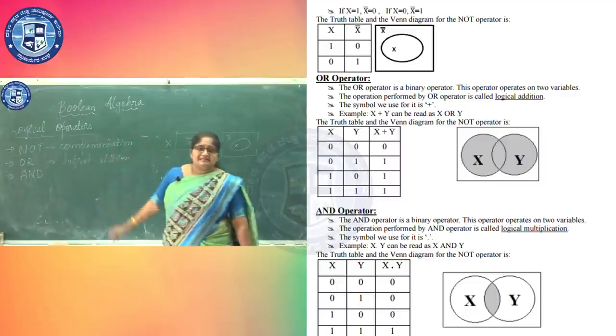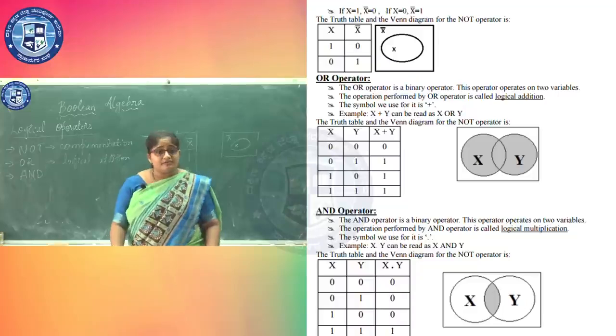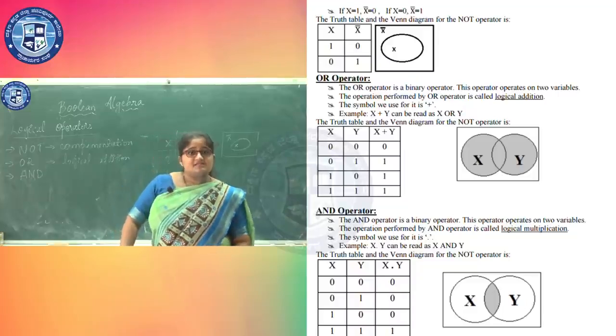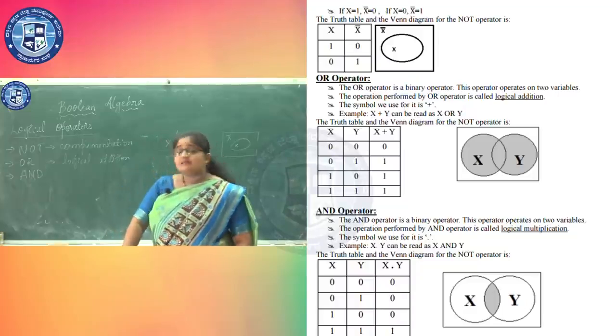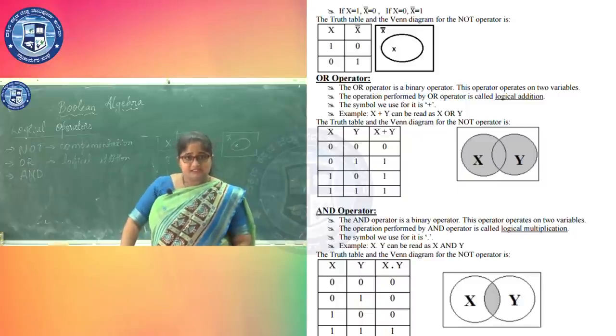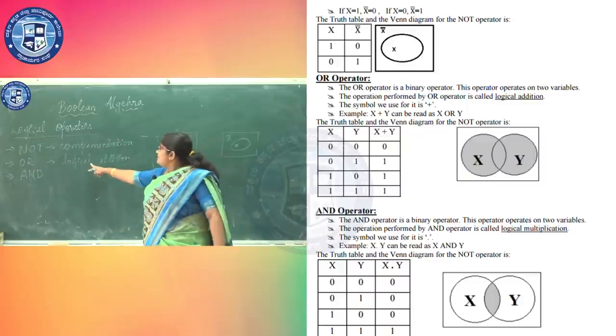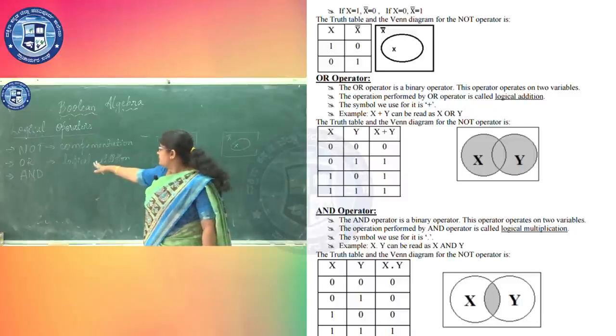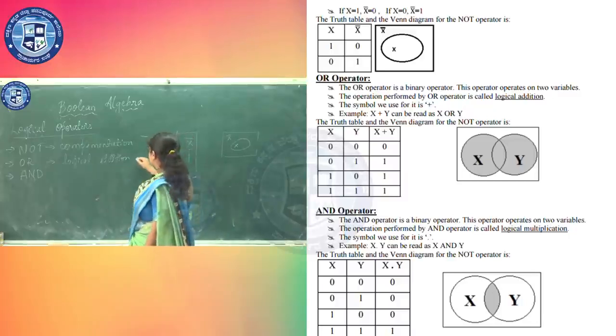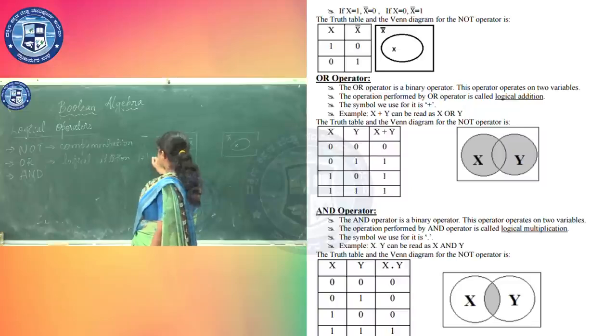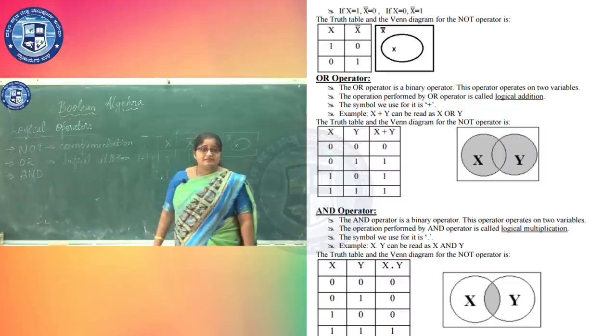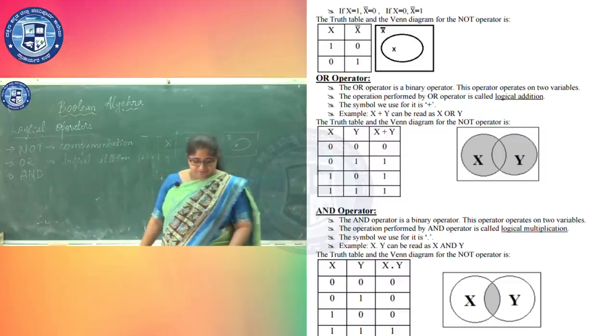We don't simply call it addition because it is not mere addition like in algebra. It is like 1 and 1 is 1 only. The same way we call this logical addition because 1 plus 1 is considered to be 1 only, because there is no value 2.